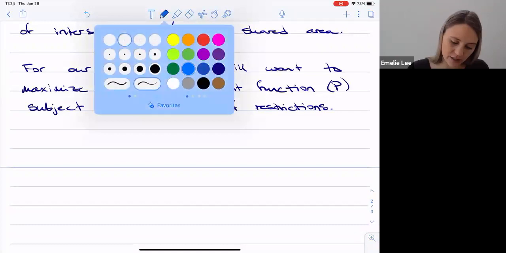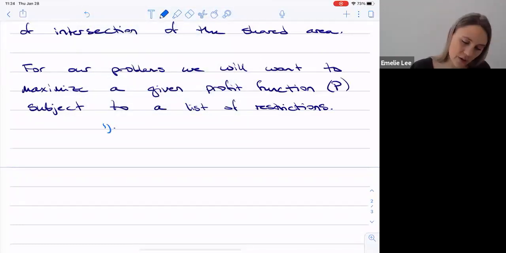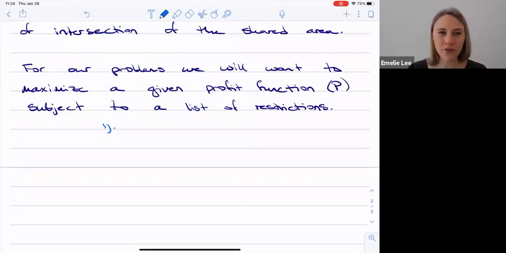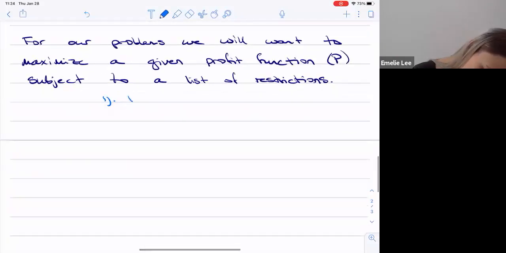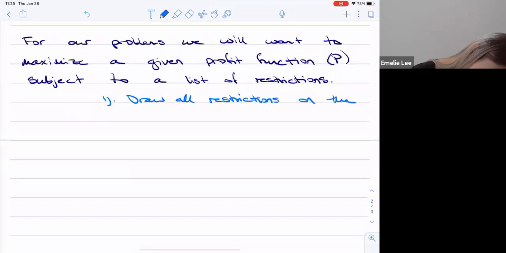So the steps that we're going to follow are: first, draw all the restrictions on the same graph.